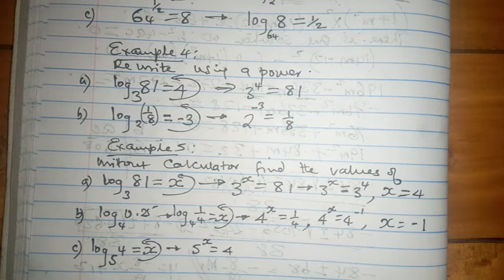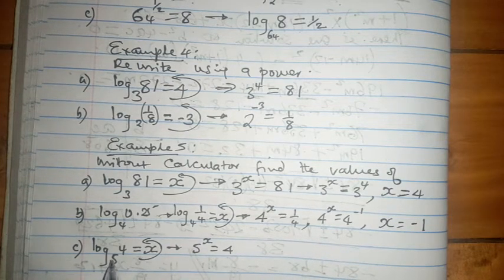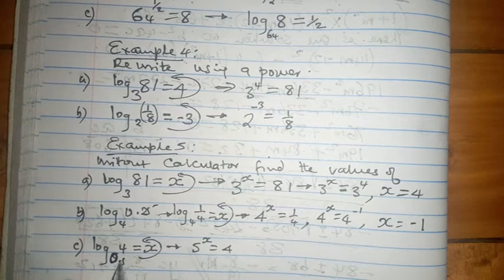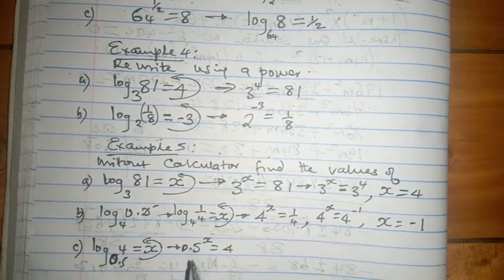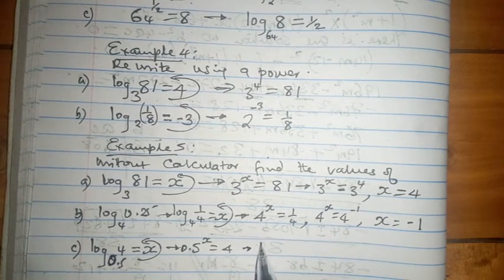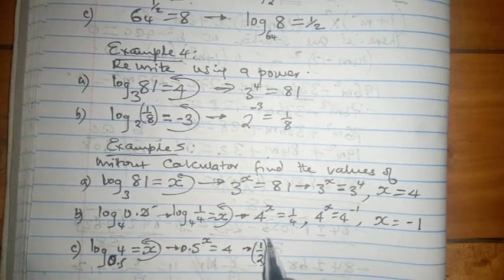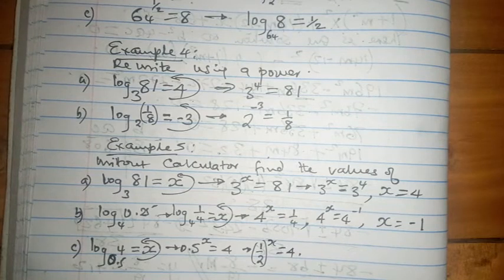Definitely we are told that this is not 5, this is 0.5 into base 0.5. So this is 0.5, which is actually a half raised to power x is equals to 4.